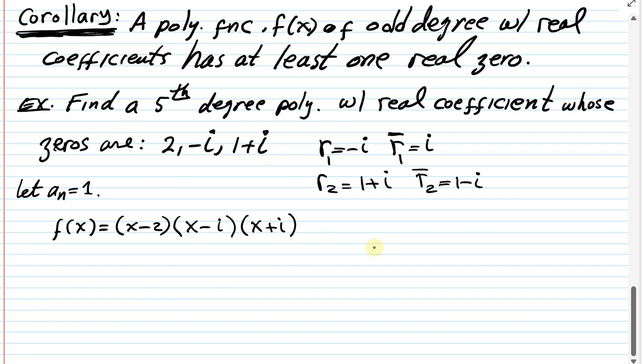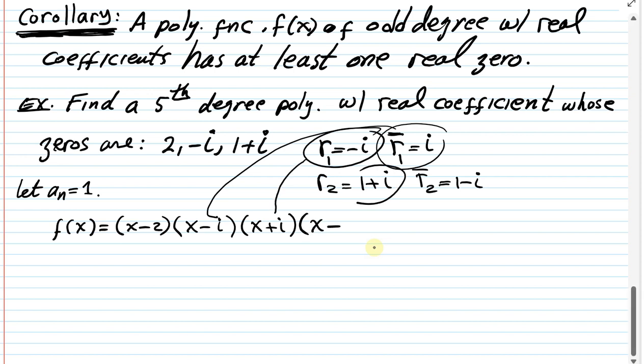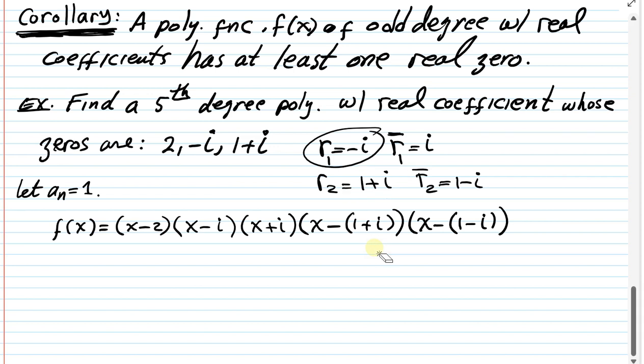That's when you do x minus this root and x minus that root, and then x minus this one, which is 1 plus i, and x minus its conjugate, 1 minus i. And there you have it. Those are the complex roots, and that would be the polynomial with real coefficients.